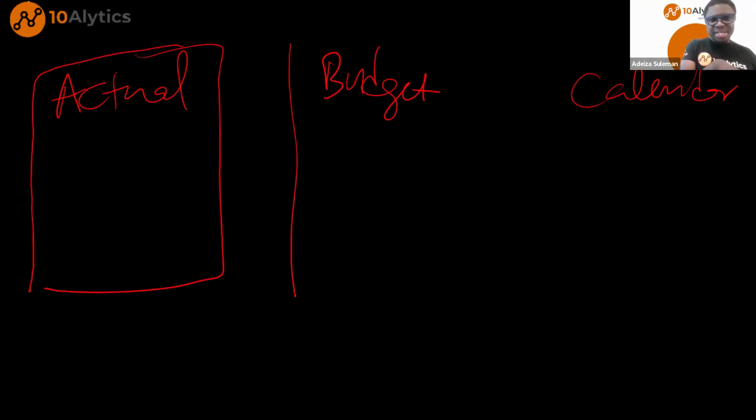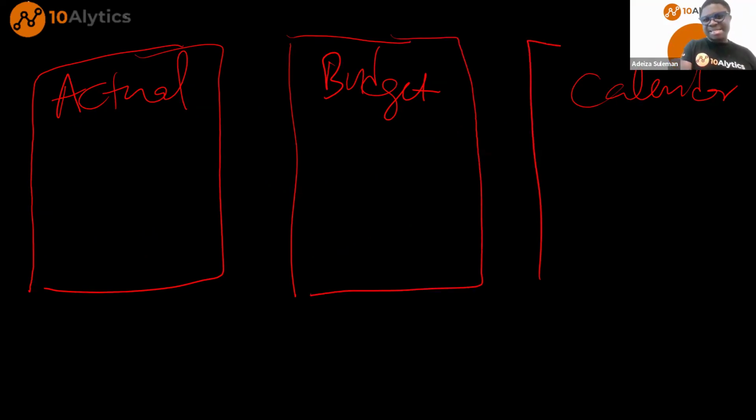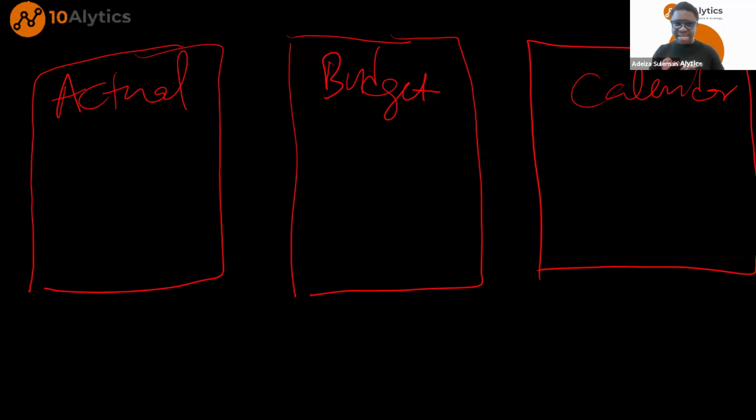My budget is separate. My calendar is separate. So there is no way I will be able to analyze the three tables together. I cannot check budget and compare it with actual if I don't find a way to connect the tables together.